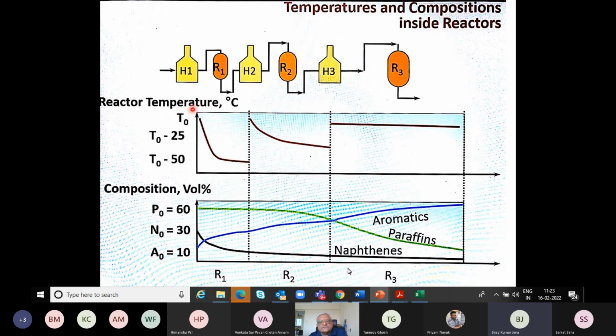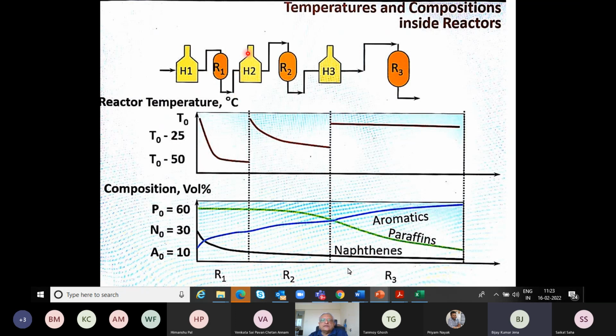Okay, so basically, this first reactor does more of it. It is not that it doesn't do other reactions also, but the dominant reaction in the first reactor is the dehydrogenation of naphthenes. And since it's a highly endothermic reaction, there is a significant drop in temperature, something like 50 to 60 degrees Celsius.